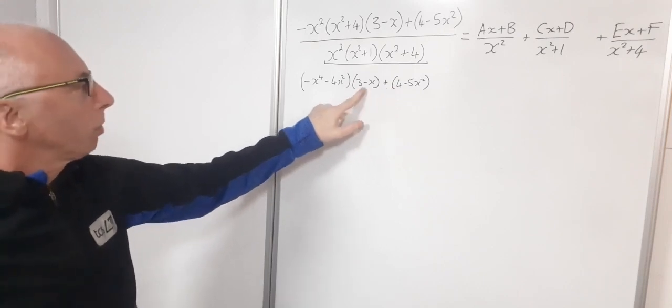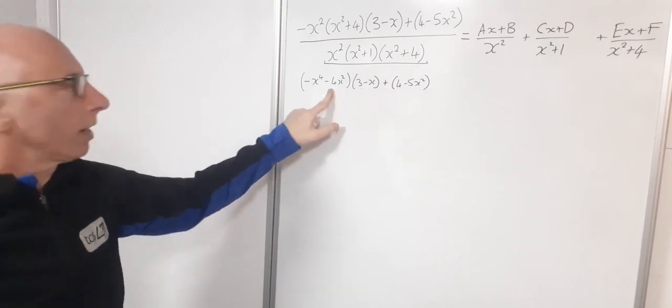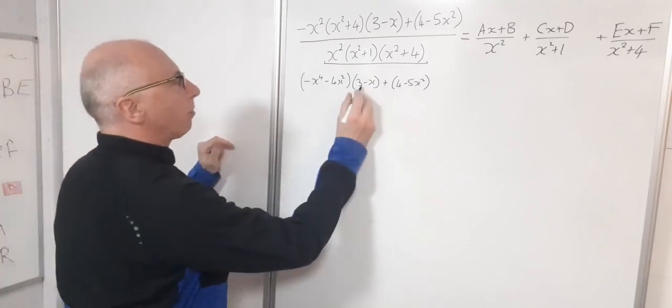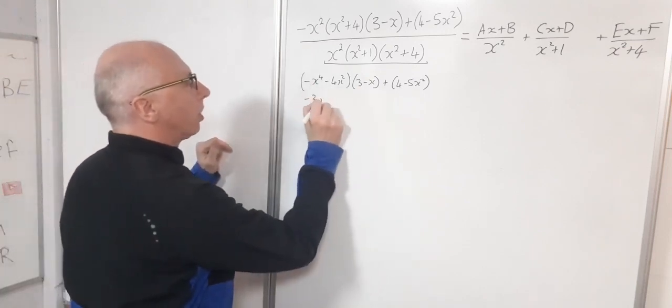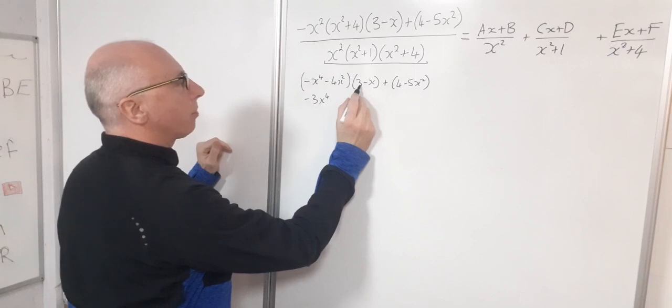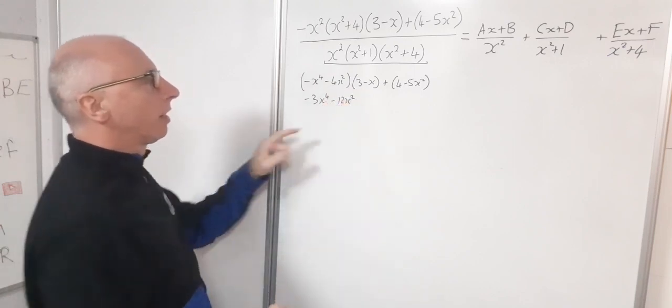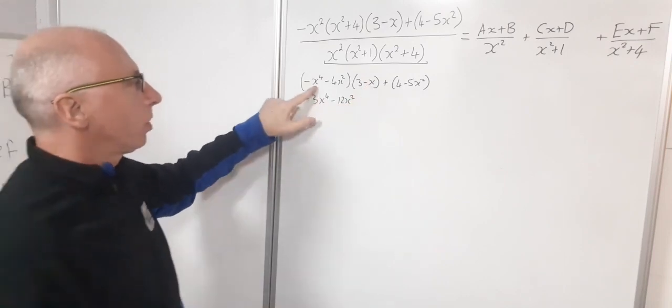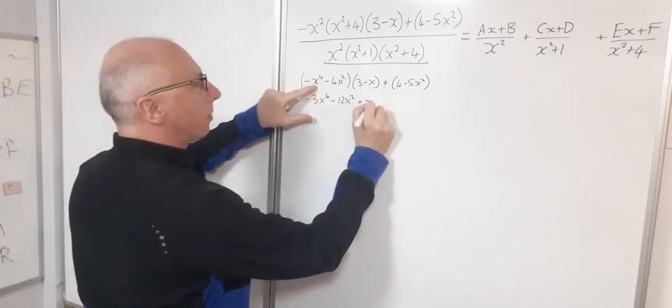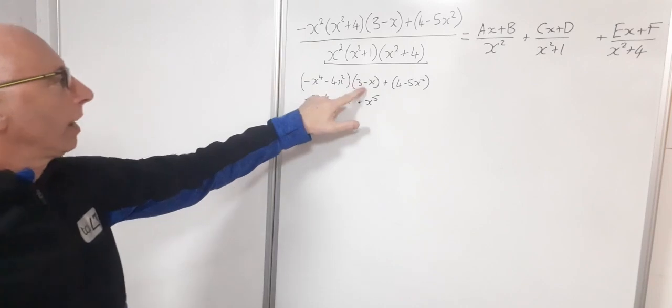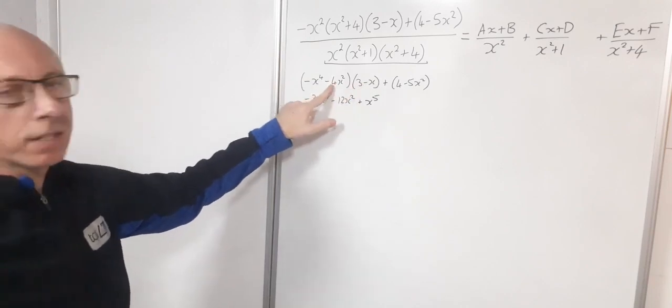But I still need to distribute this 3 minus x with this term here. So now I'll have minus 3x to the 4. And 3 times minus 4 is minus 12 and an x squared. So now the minus x will be distributed. That'll give me x to the 5. And this one gives me 4x cubed.